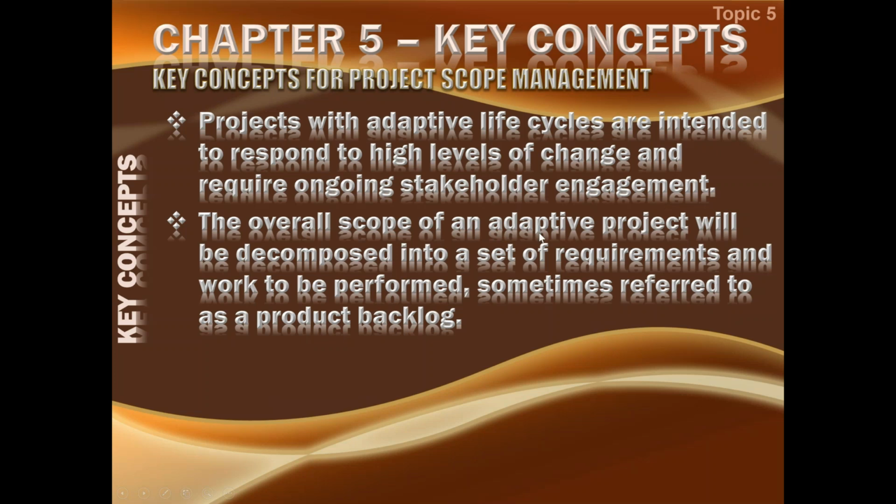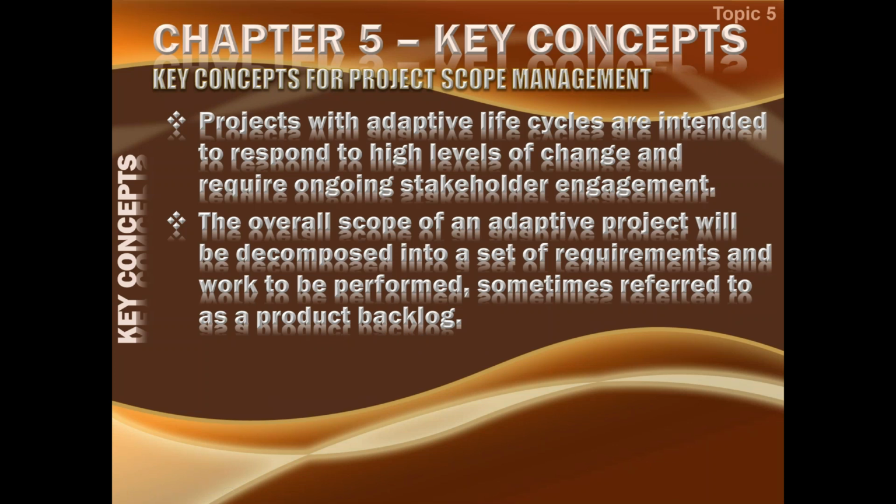The overall scope of an adaptive project will be decomposed into a set of requirements and work to be performed, sometimes referred to as a product backlog. So product backlog is a kind of archive, a place where all the work has been stacked.